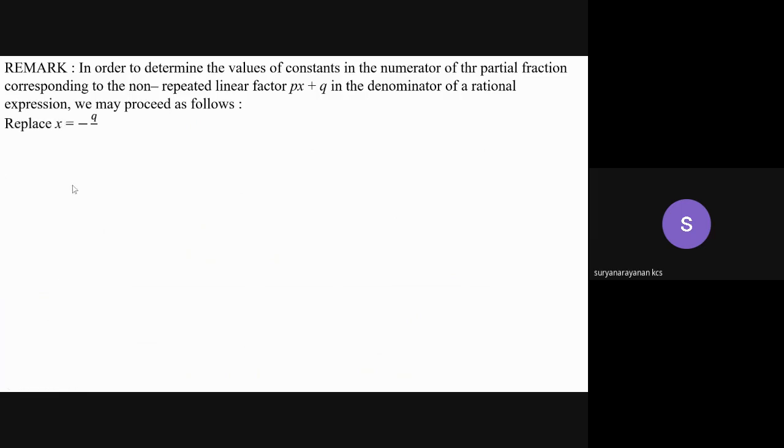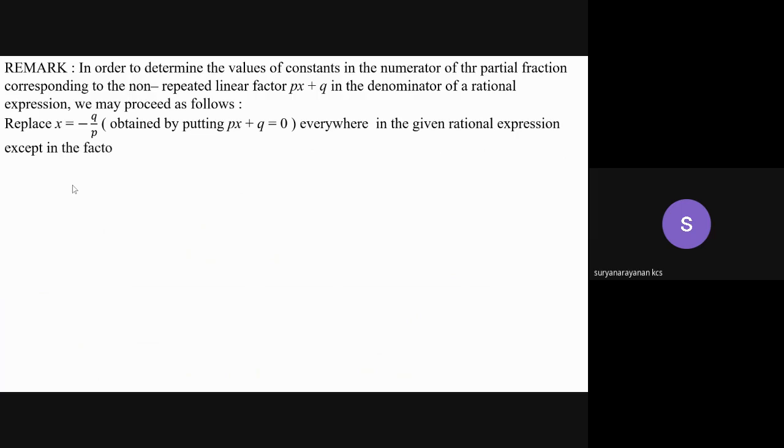Replace x with minus q by p. This value of x is obtained by putting px plus q equal to 0 everywhere in the given rational expression, except in the factor px plus q itself.